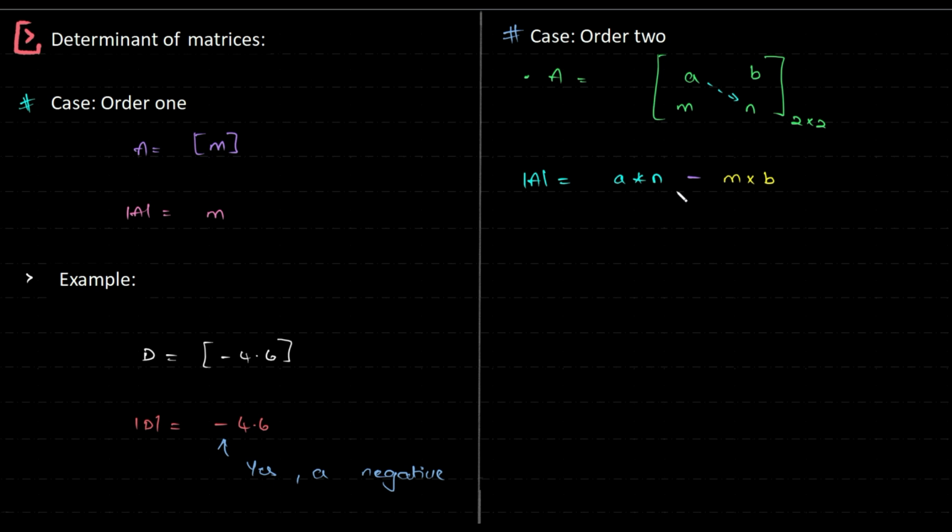So this is your answer. If I take this as A1, this is B1, A2, B2, this formula will turn out to be A1 into B2 minus A2 into B1.